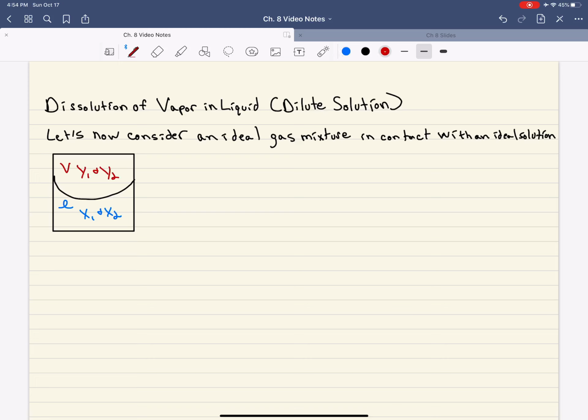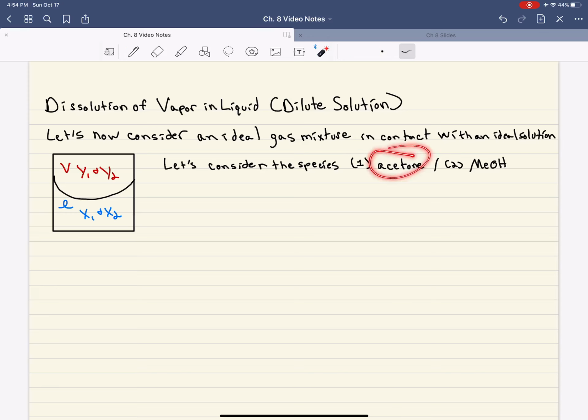Okay? And we could also consider the system in which species 1 is acetone and species 2 is methanol. The reason I'm picking these two is that acetone is not that soluble in methanol.